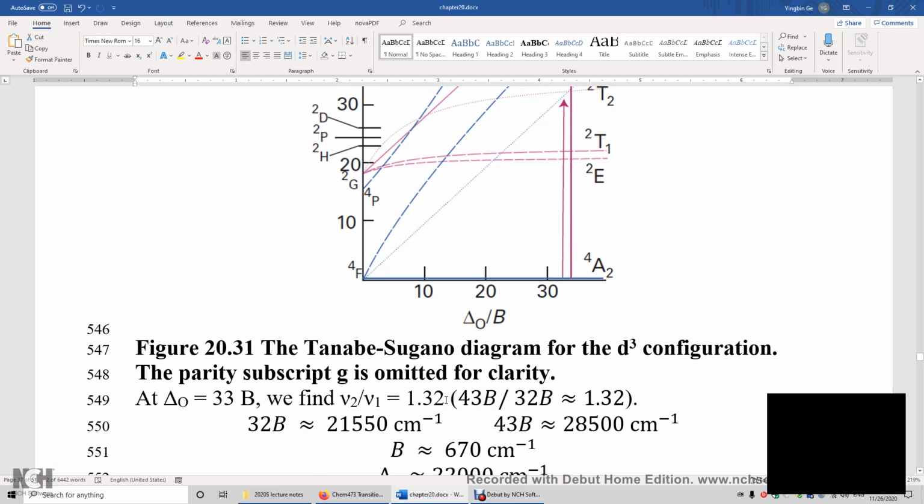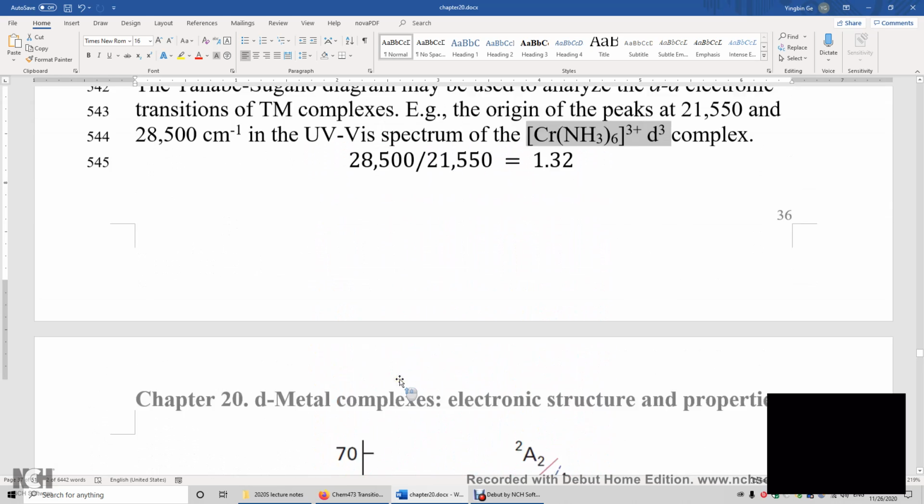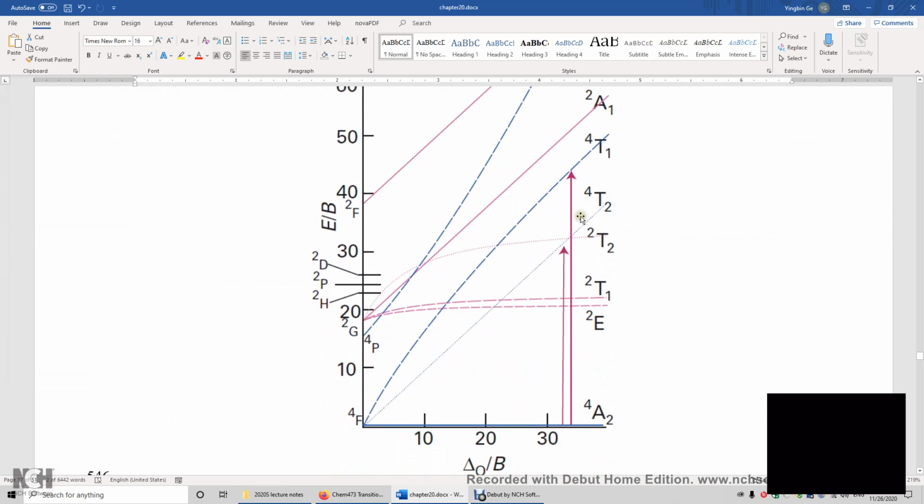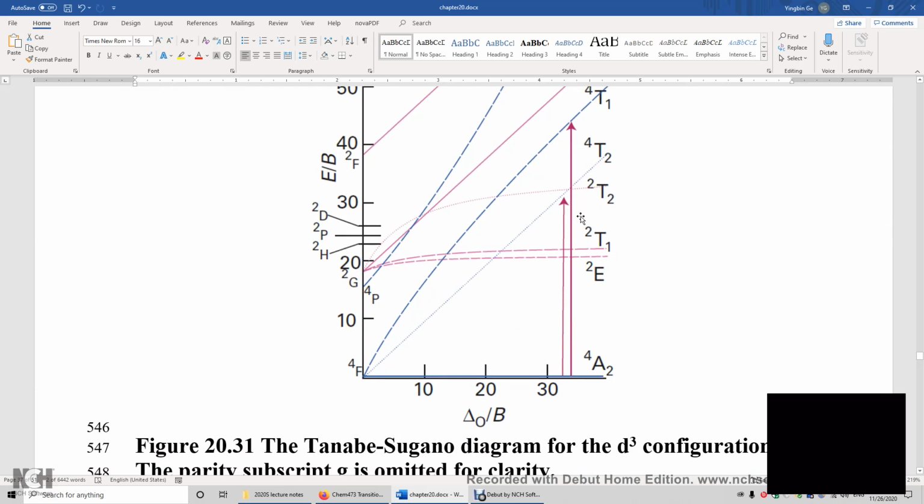So again, if you have the UV-Vis spectrum, you look at these two peaks, the first two spin-allowed transitions, get their wave numbers, and take the ratio. You get 1.32, and then you look at this Tanabe-Sugano diagram. This is the ground term.